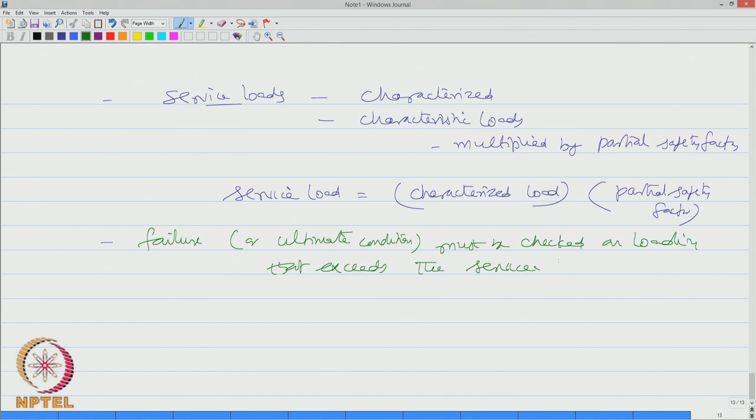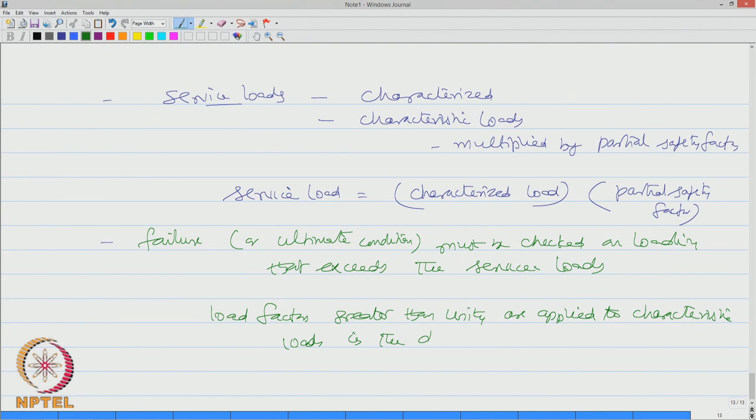That is the design philosophy in ultimate limit state design, that is, load factors greater than unity are applied to characteristic loads in the design approach.